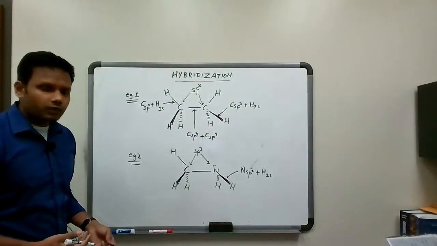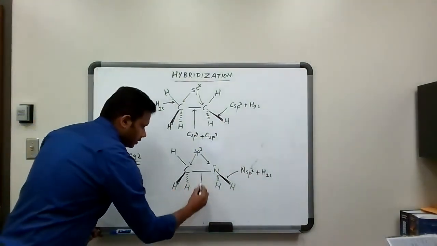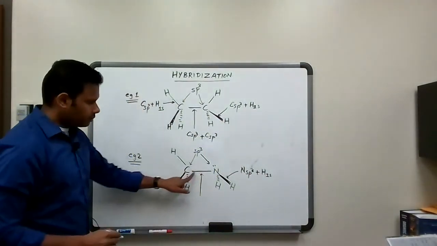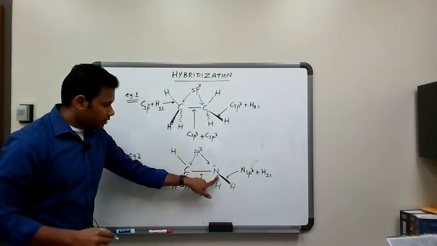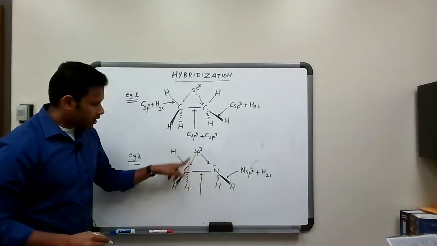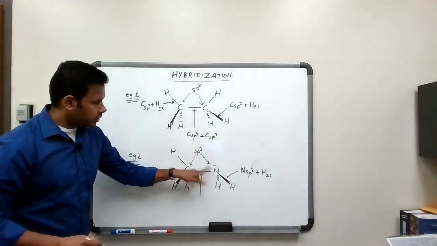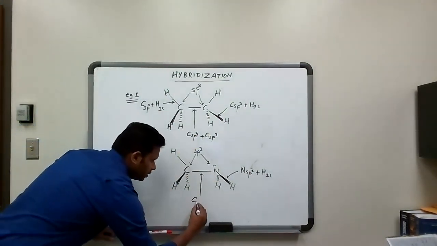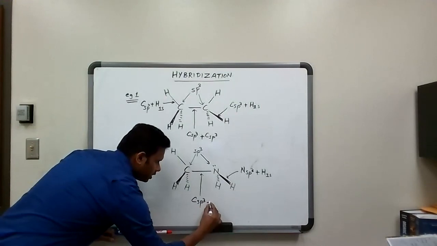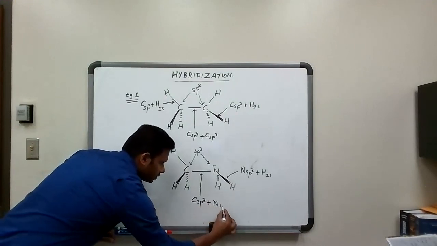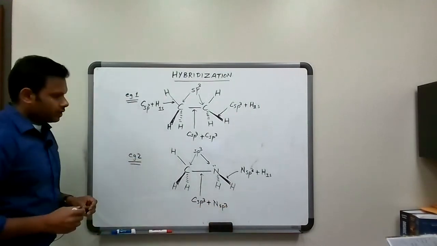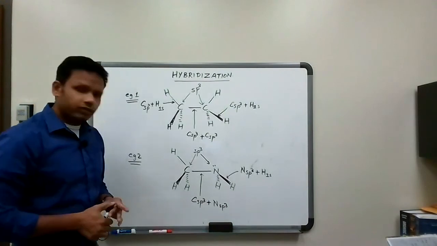So that's how that bond is formed. How is this carbon-nitrogen bond formed? This is a bond between a carbon that's sp3 hybridized and a nitrogen that's sp3 hybridized. So this is carbon sp3 with nitrogen sp3. So that's how that bond is formed.